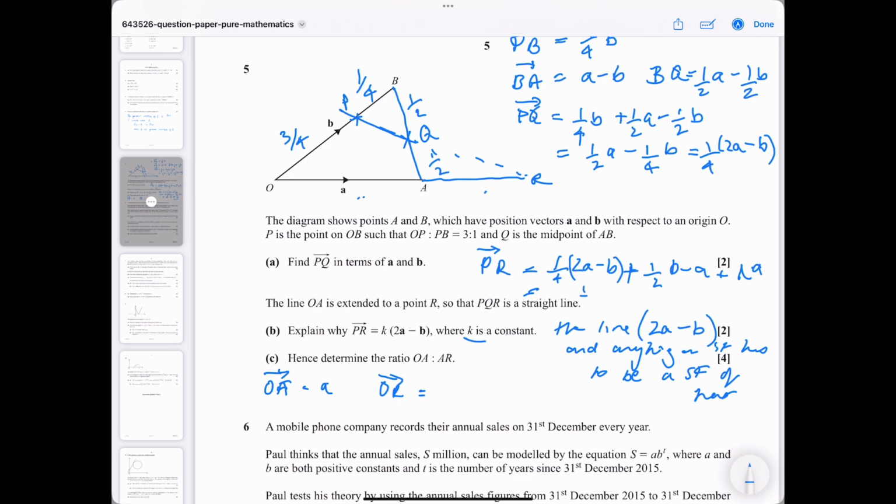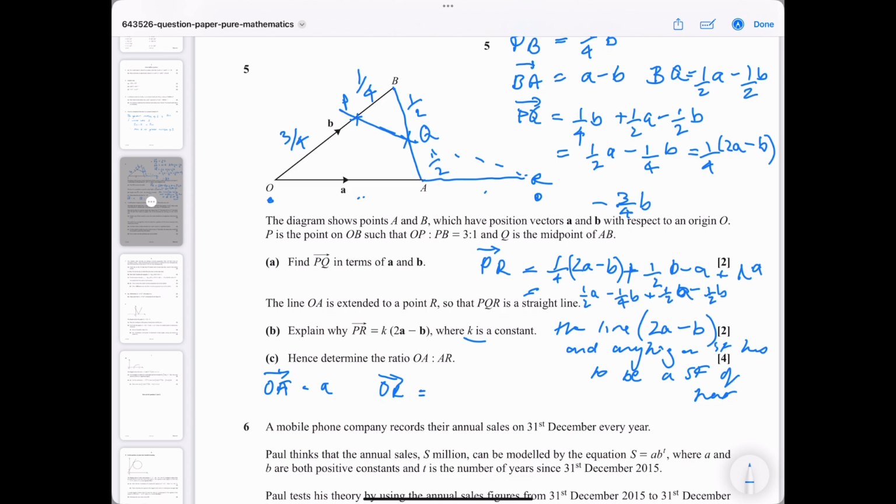So that's half a minus 1/4 b plus half b minus half a, that's the other way around, so it's plus half a minus half b, so that's minus 3/4 b.